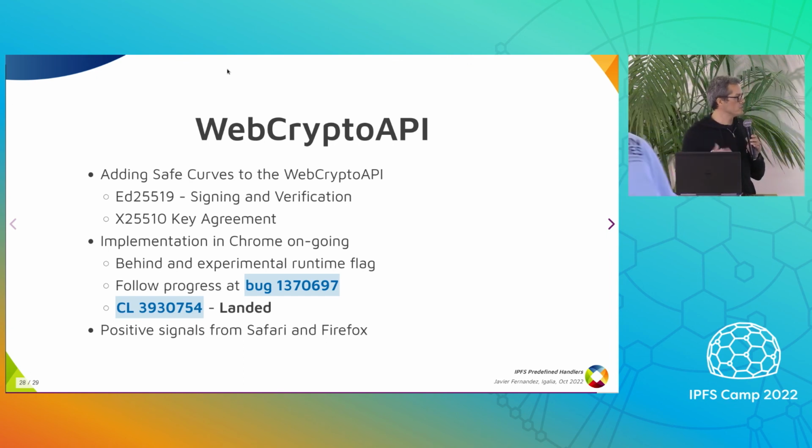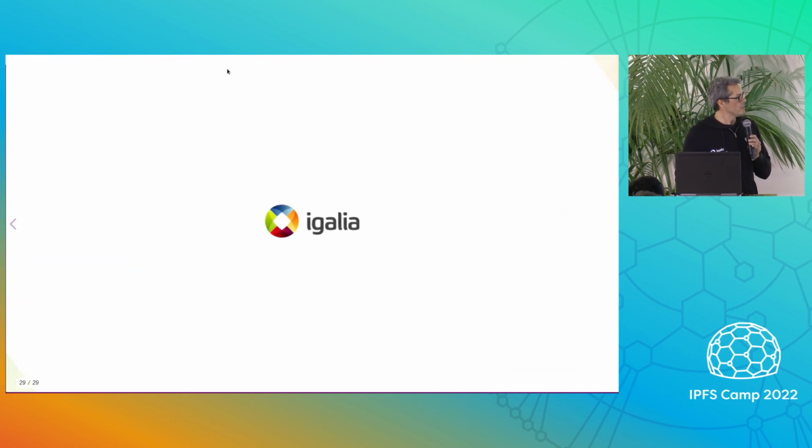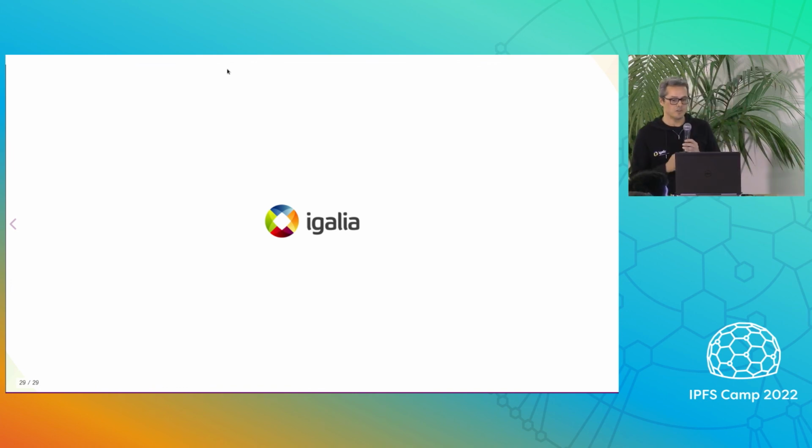The implementation has started and is ongoing in Chrome, and we have got some positive signals from Safari and Firefox. So we are confident that this will be one of the achievements of next year. And thank you. Sorry for the long talk.